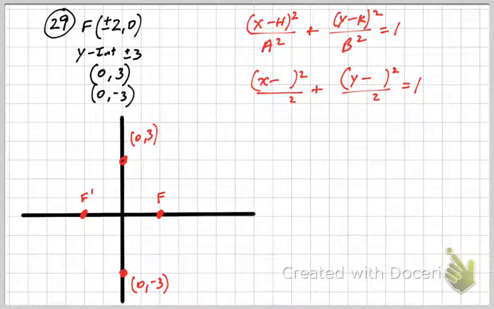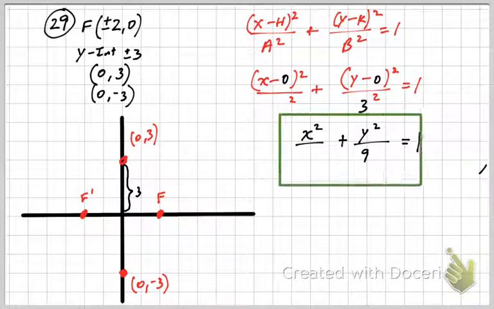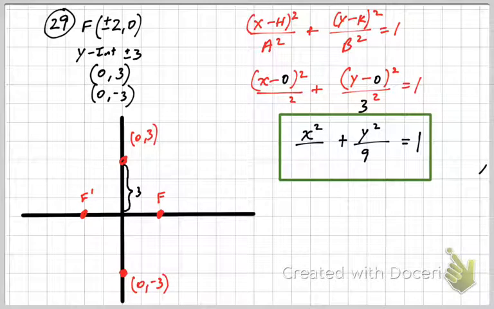Okay, where's the center? Is it 0, 0? In the y direction, did we move 3? So under the y, I'm going to put a 3. So I believe at this point I almost have my answer. I have y squared over 9. I have x squared over... I just need to figure out how far it goes in the x direction, right?